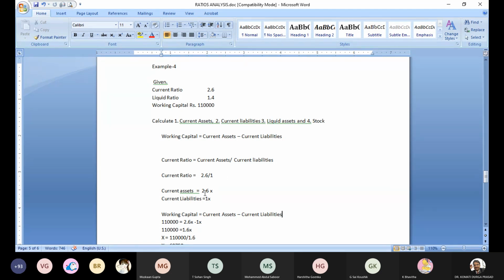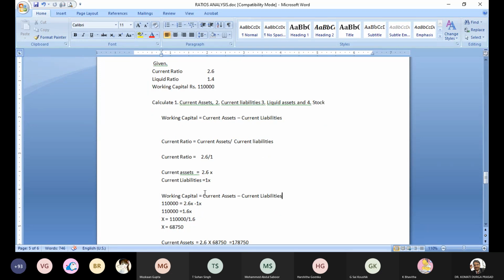It means current assets is equal to 2.6x, because I don't know exactly what is the amount of the current assets, but I know 2.6 times of the current assets against 1 current liabilities. Therefore, current assets is equal to 2.6x. Then current liabilities always 1x.